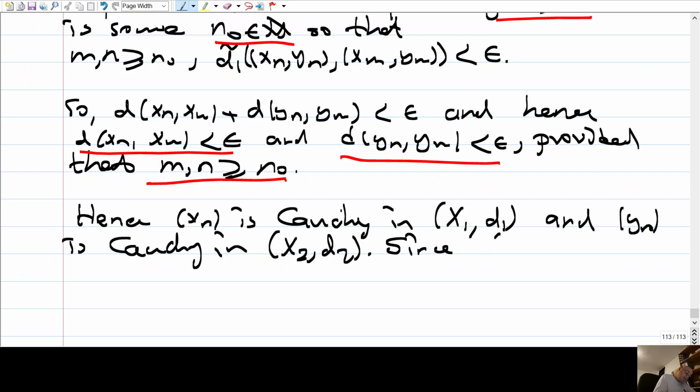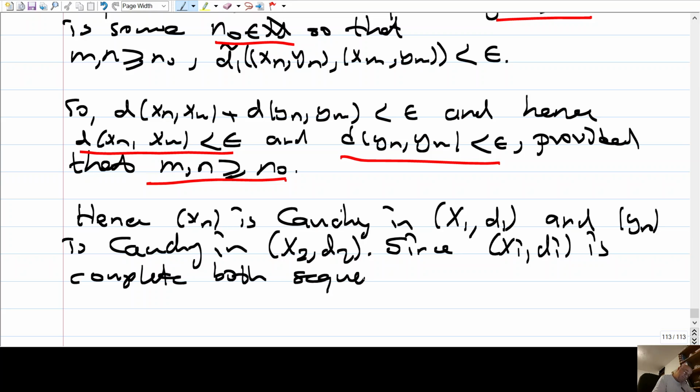Well, these metric spaces are complete, therefore these Cauchy sequences must be convergent. Since (Xi, di) is complete, both sequences are convergent.